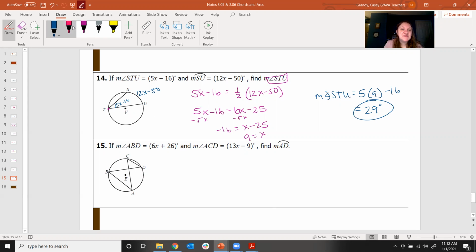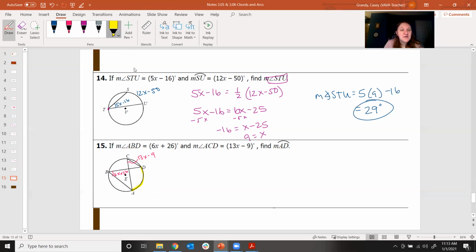Down here, number 15. Angle ABD, so that's here, is 6x plus 26. And angle ACD, that's here, is 13x minus 9. It wants us to find the measure of arc AD.